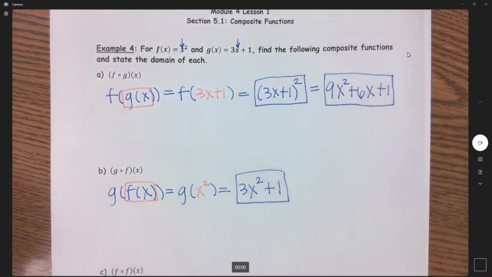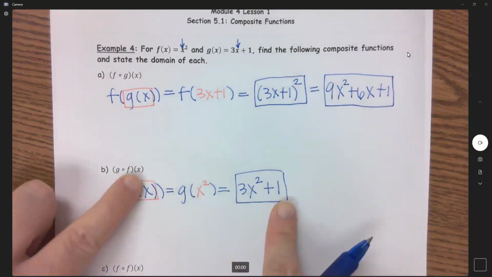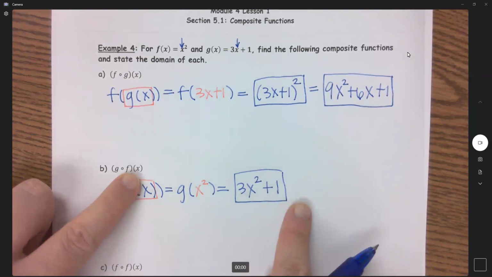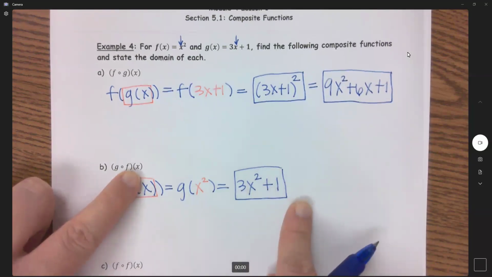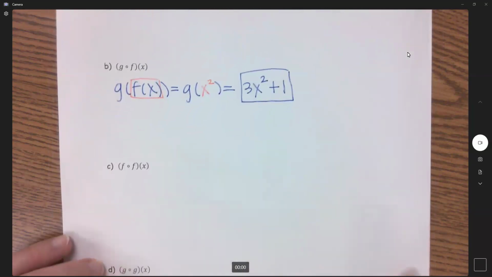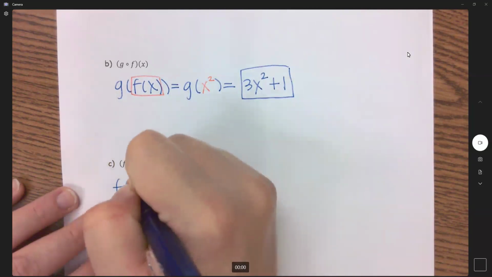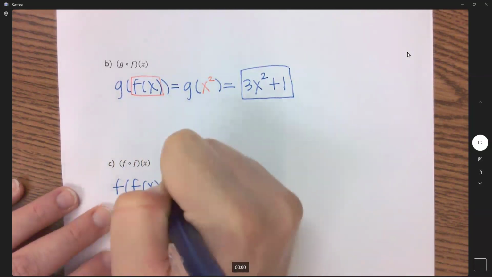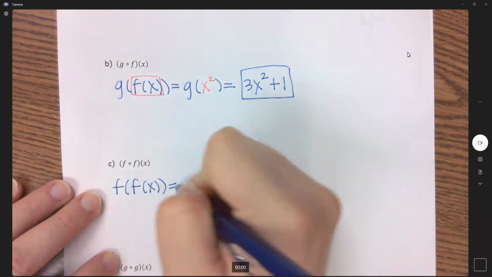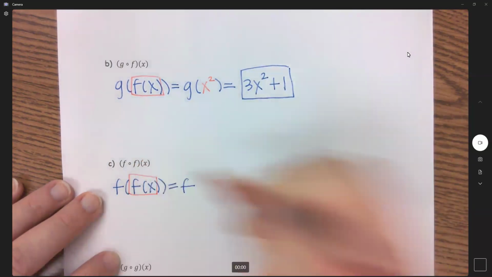And for the record, what we have just done, now that I have a function, now I can replace any x value in this and get my y value. So these are nice. Now we have f composed of f of x. So f of f of x. Starting inside, what is my f of x?